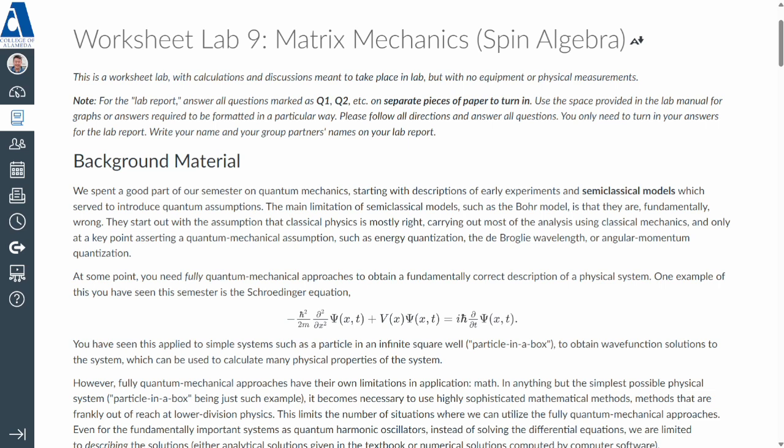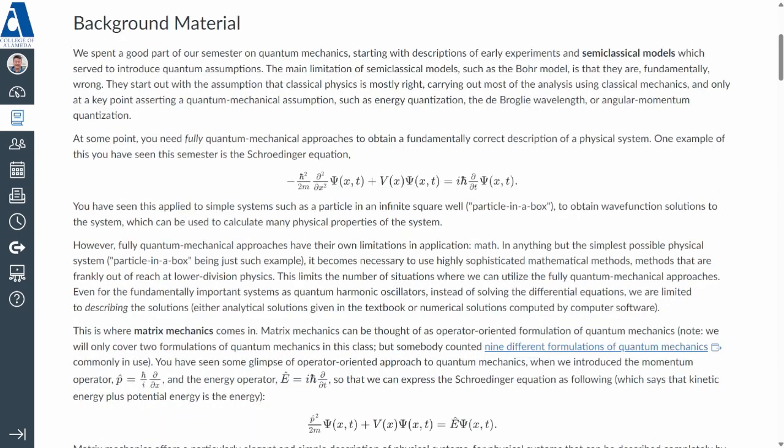At some point, you need fully quantum mechanical approaches to obtain a fundamentally correct description of a physical system. One example of this you have seen this semester is the Schrödinger equation, shown on screen here. Let me try to read out the English version of the equation.